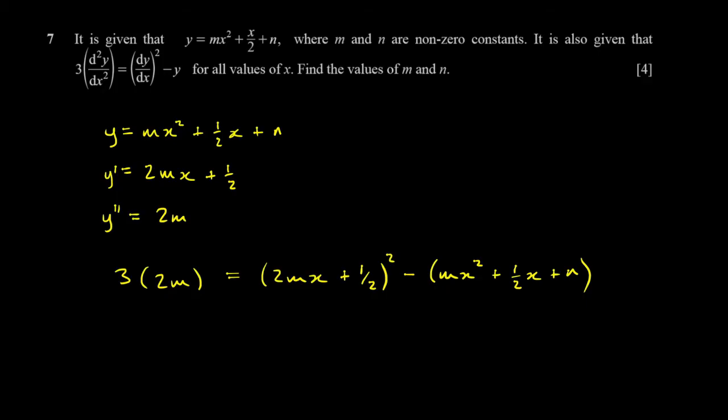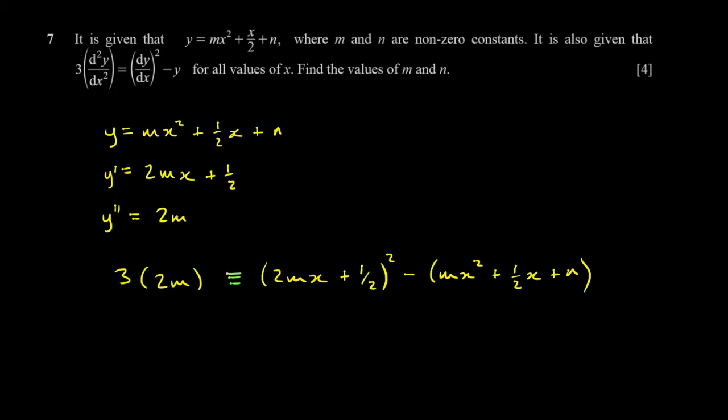And really, this is strictly speaking an identity because you're told that it's true for all values of x, right? So you're not really trying to solve to find x. If a statement is true for all values of x, it's an identity, so I'm going to change that to say we've got 3 lines here, which means that the left-hand side is always going to be equal to the right-hand side.